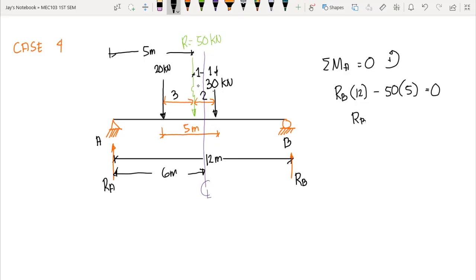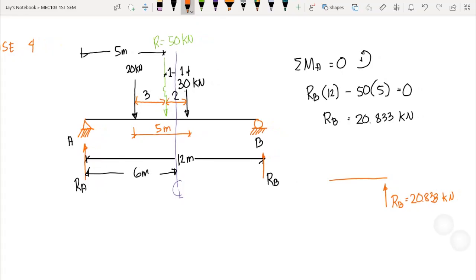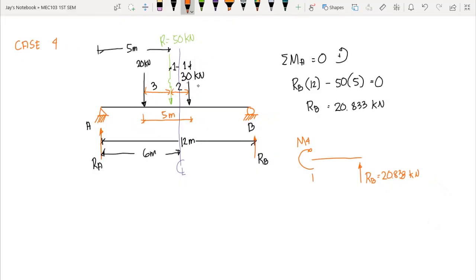So we have RB equal to 20.833 kilonewton. We can now compute the moment by cutting at this point, at 30 kilonewton. So we have this cut section in which RB is 20.833, and we have our moment, let's say moment 4, because this is case number 4. The distance from 30 to support B is 6 minus 1, or 5 meters.